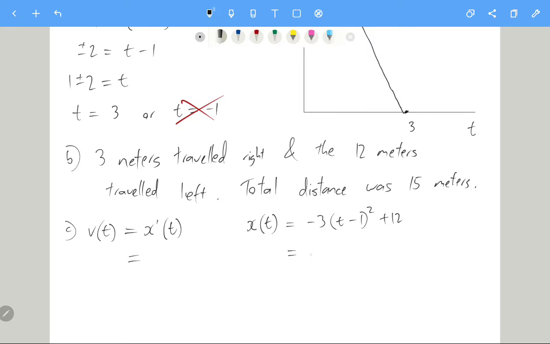Alrighty, so let's expand out the brackets. Expand out the next brackets. And collect like terms.